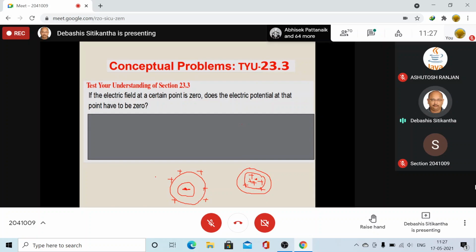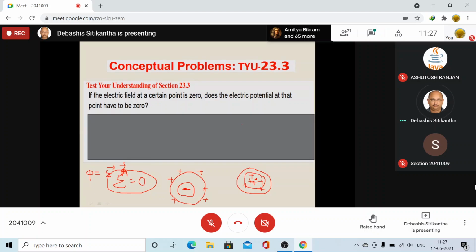So if no charge is enclosed, obviously the electric field is going to be zero. Why? Because Gauss's law says that charge enclosed by epsilon 0 is equal to phi, and phi is nothing but E vector dot A vector. Since phi is equal to 0, definitely the E vector is going to be 0.